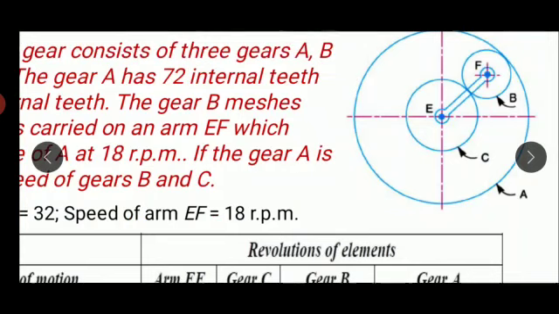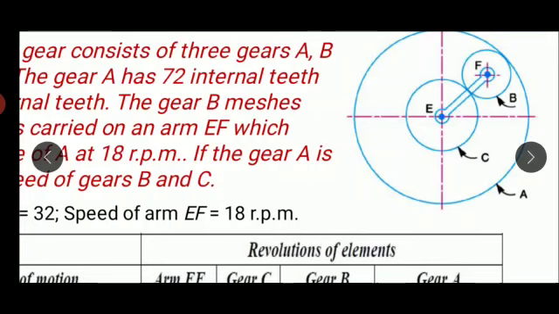And since gear B is going to mesh with gear A, which is an annulus or an internal gear where teeth are on inside of the gear and not outside, gear B is going to rotate gear A because of transmission of motion from gear C to gear A. And as a result, since A is an internal gear, both gear B as well as gear A are going to rotate in the same direction.